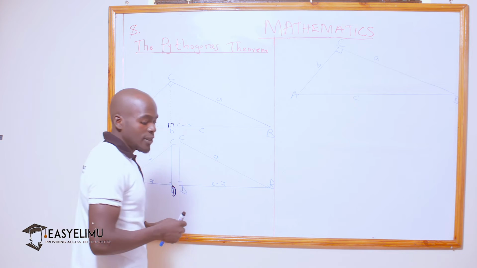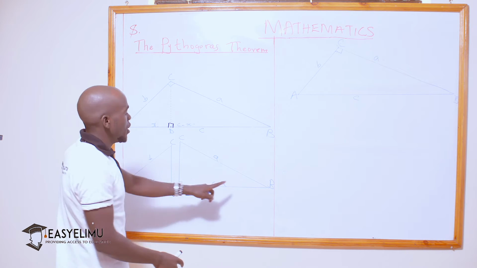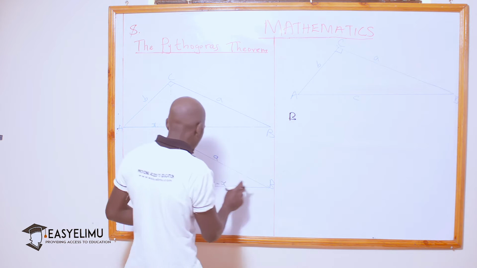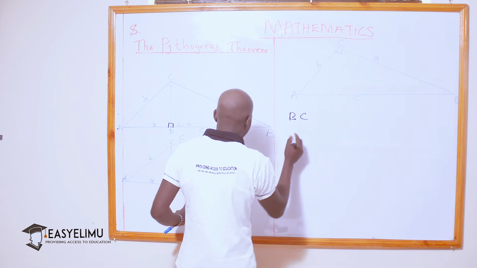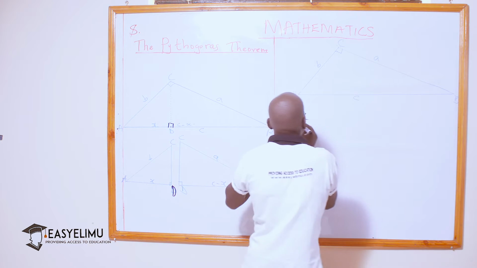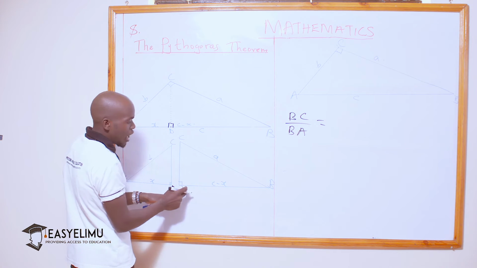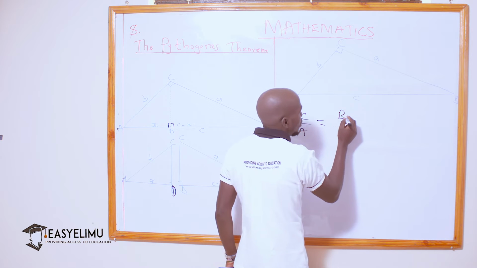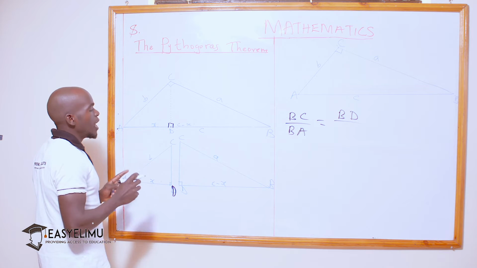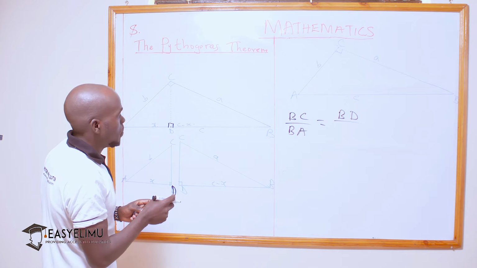So if I take BC, the hypotenuse of triangle BDC, over the hypotenuse of the larger triangle, which is BA, it should be equal to the base of triangle BCD, that is BD, over the base of triangle ABC, which is BC.